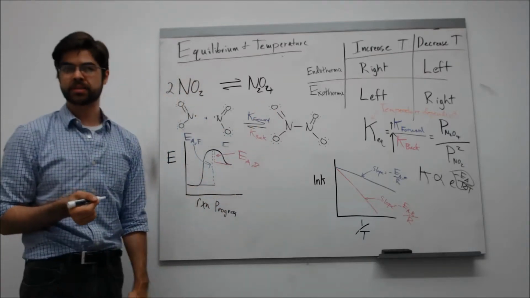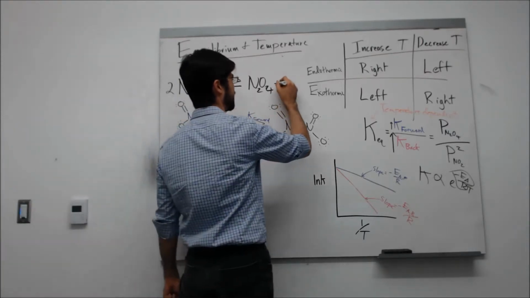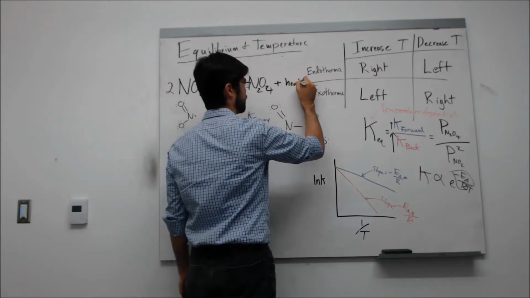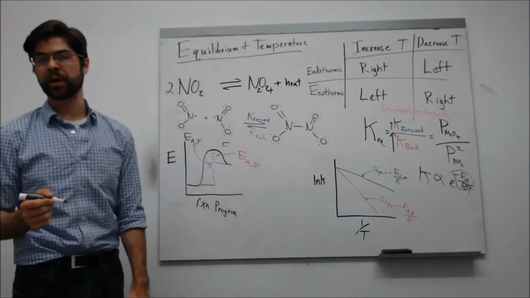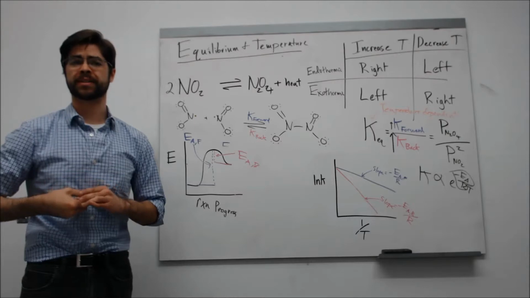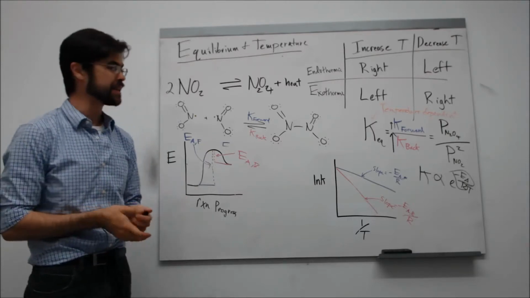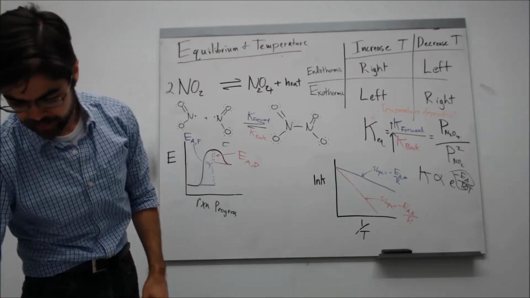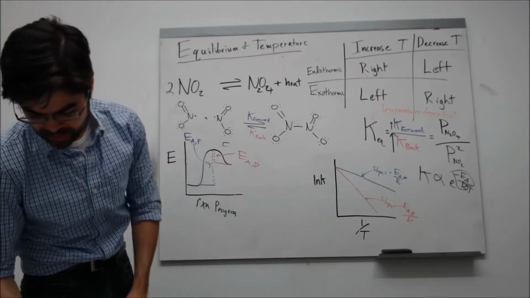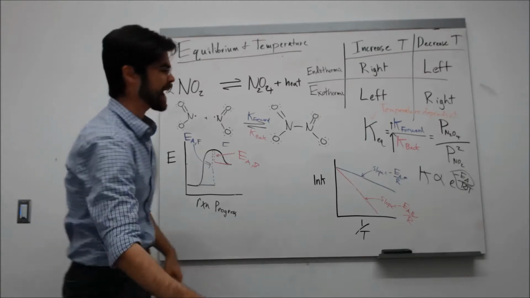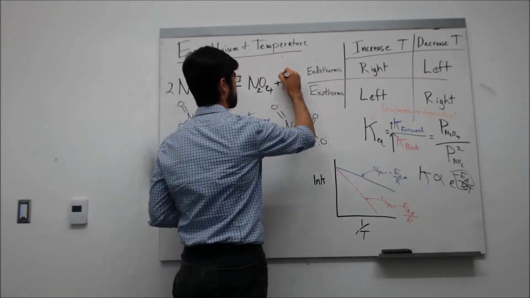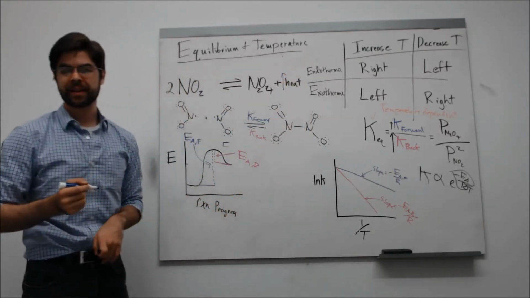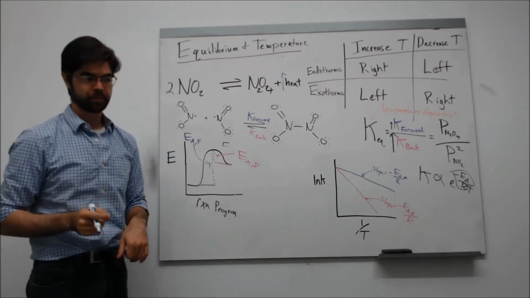The way to think about this is, okay, this is an exothermic process. So we can think of heat as a product. It releases heat. It generates heat. And if I increase the temperature, well, that's kind of like increasing the amount of heat present in the system.